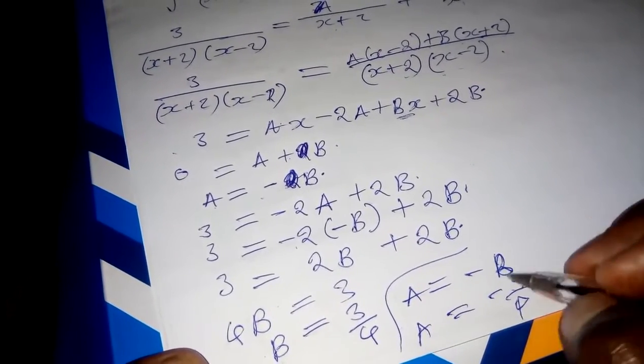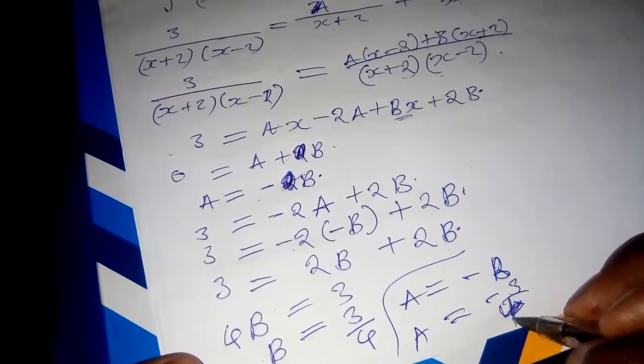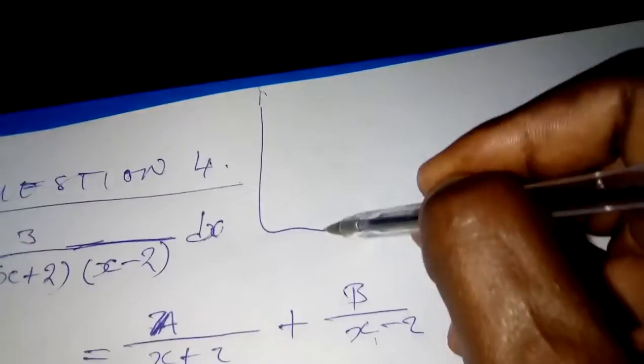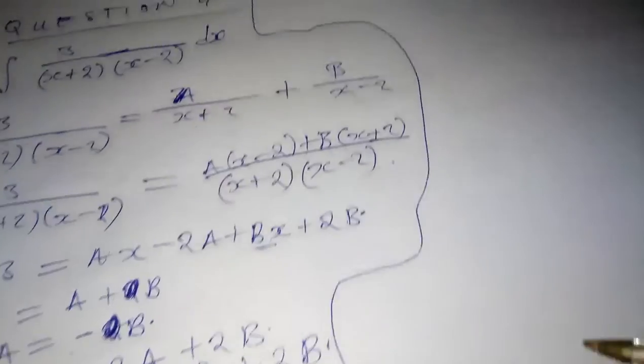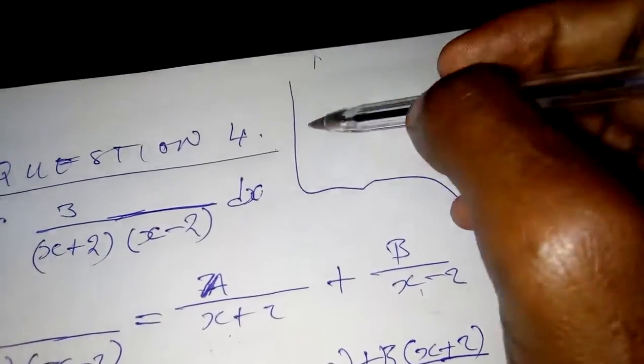So negative 3 over 4 is going to be my a. Having found my a and my b, I'm just going to replace them there to find my partial fraction.